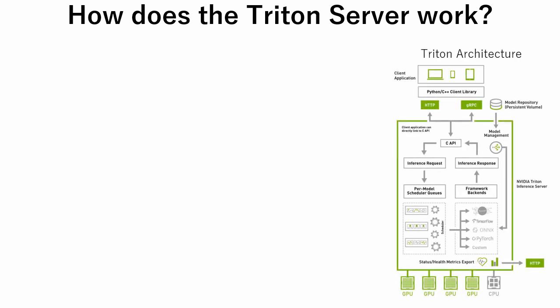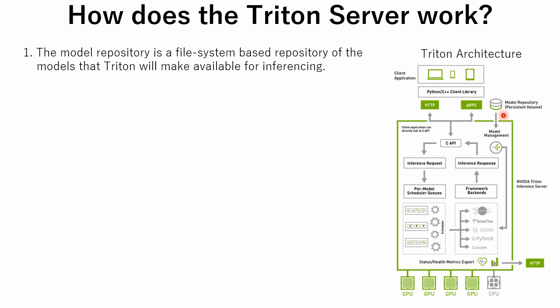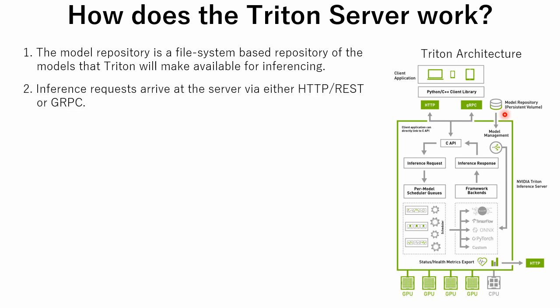This picture shows the Triton Inference Server high-level architecture. In a Triton server, all models are stored in a repository. Model repository is a file system-based repository of models that Triton will make available for inferencing.